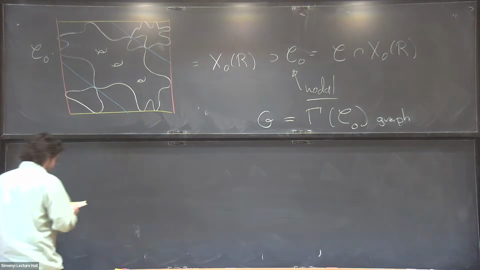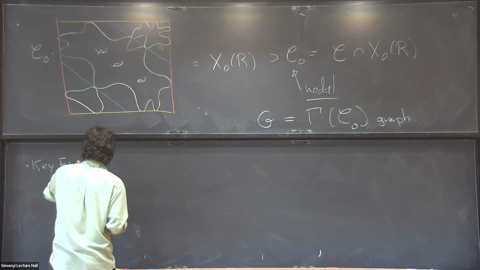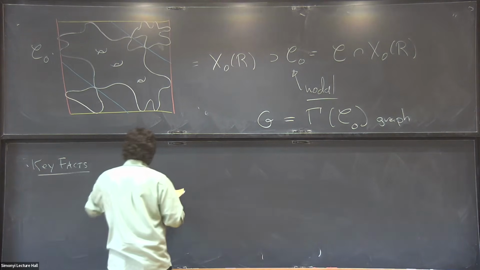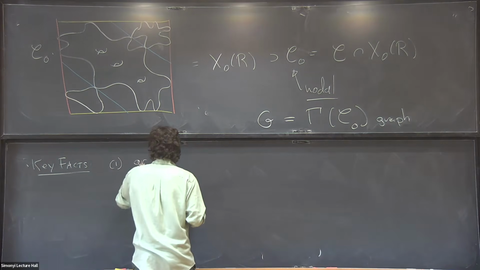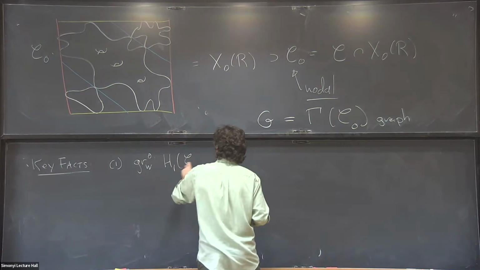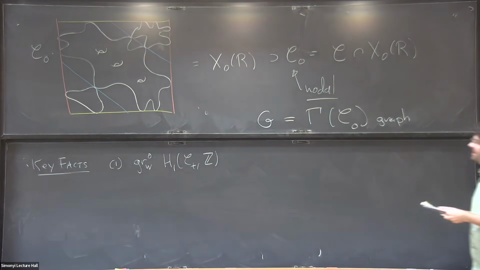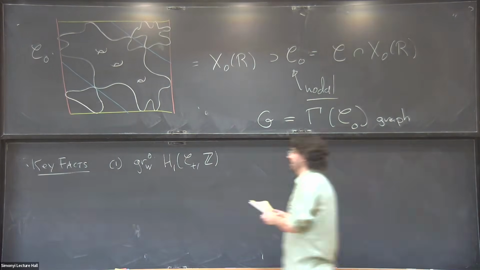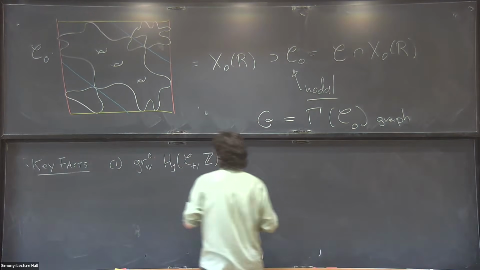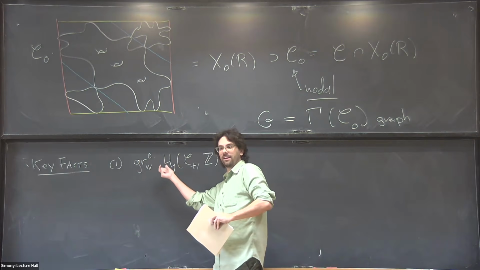Now here are the key facts. The first fact is that if I take the weight graded 0 part of the Hodge structure on H1 of the curve, so I'm working in homology just because it's more natural geometrically, the Hodge structure on the first homology has weights -2, -1, and 0.